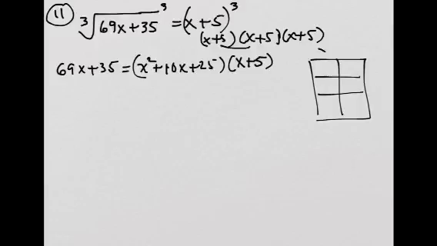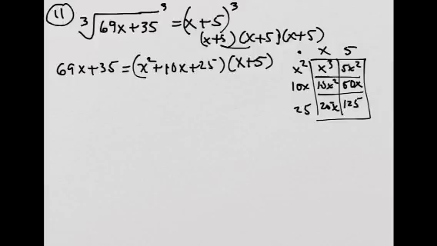So you could make a little 2 by 3, and so you put x plus 5 here, and then x squared, 10x, and 25, and we're multiplying. So this is x cubed, 5x squared, 10x squared, 50x, 25x, and 125.